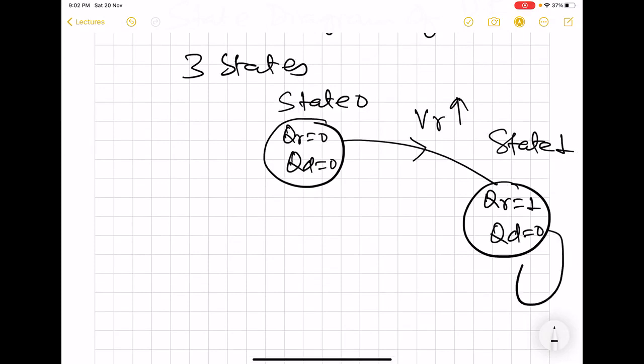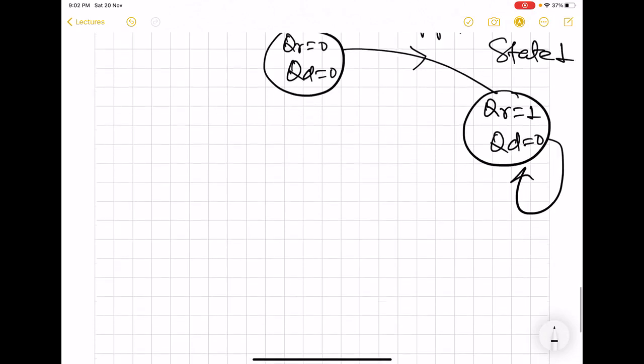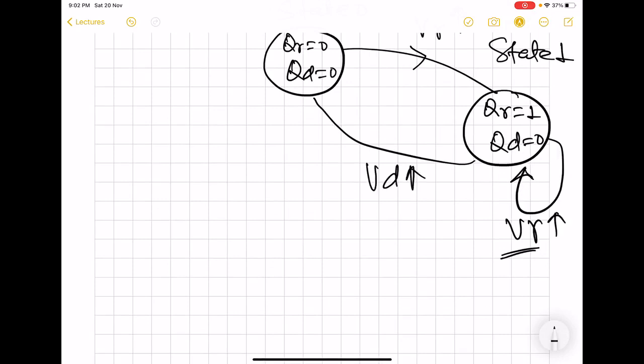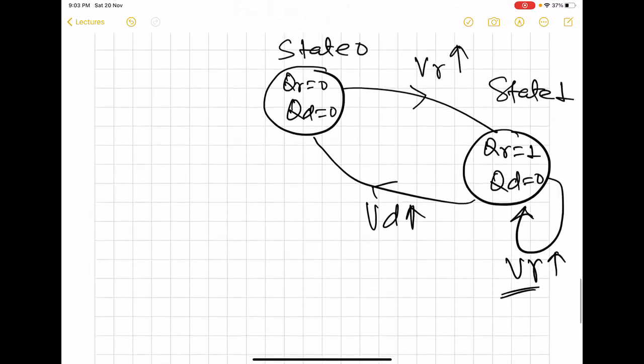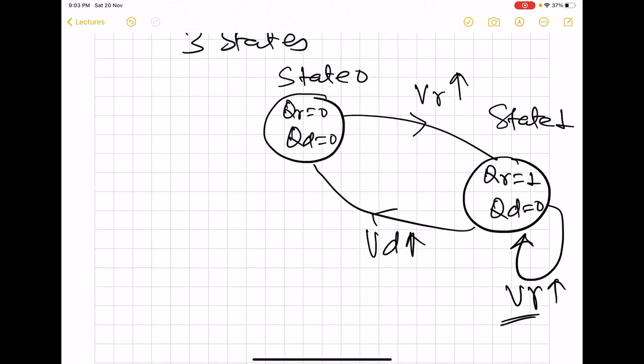And if in this state a VR rising edge occurs, then the system remains in the same state. That means QR will remain 1, and QD remains 0. So as long as a VR rising edge occurs, it will remain in state 1. However, if in state 1 the rising edge of the divider output occurs, then the machine returns back to state 0, the previous state.